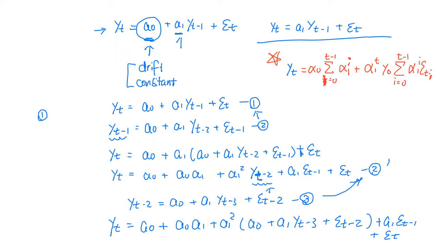There are two components here. One is the shock that happened before, and the other is the coefficient related to the previous periods, right?